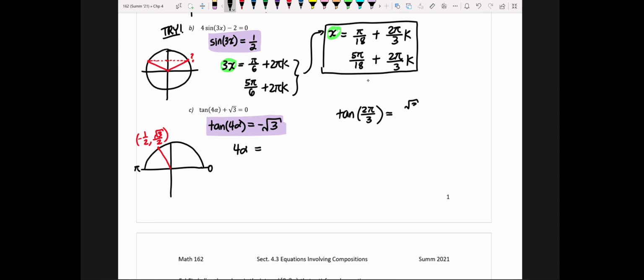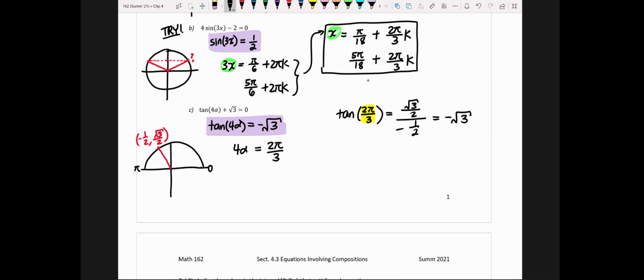So when we do root 3 over 2 divided by negative 1/2, it simplifies to negative root 3. So remember that if you're not confident, you can do some side work. And we see, indeed, at 2 pi over 3, the tangent is equal to negative root 3. So our input solution between 0 and pi is 2 pi over 3. Okay, that completes step 2.